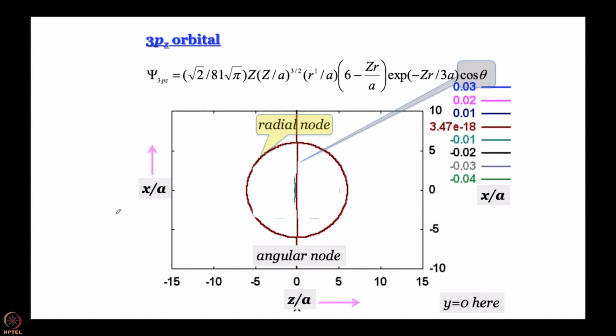Now, whenever the wave function crosses any of these nodes, it has to change sign, is not it? So, let us draw some contour somewhere, and we know very well that the contour lines come closer to each other towards one of the nodes, and then they are further apart when they come towards an angular node. Let us draw something, it can be plus, can be minus, does not matter.